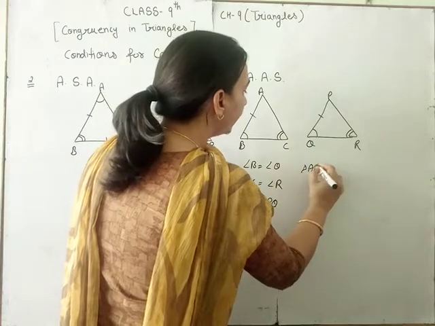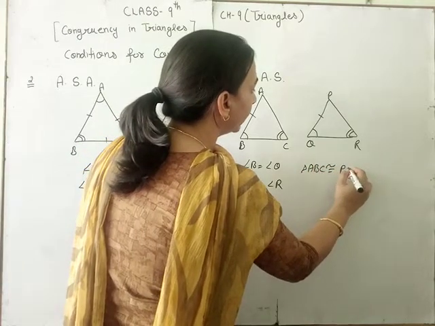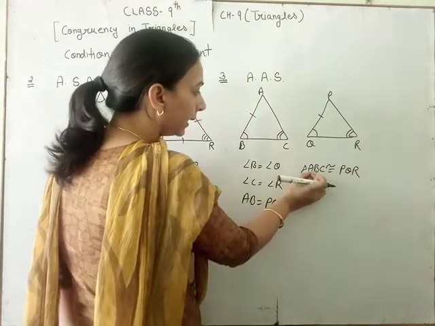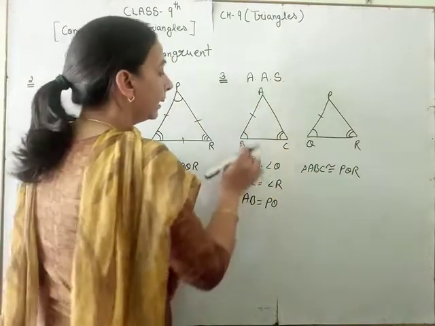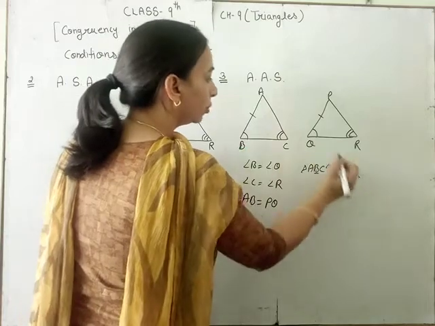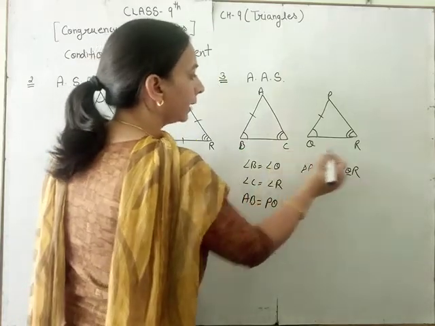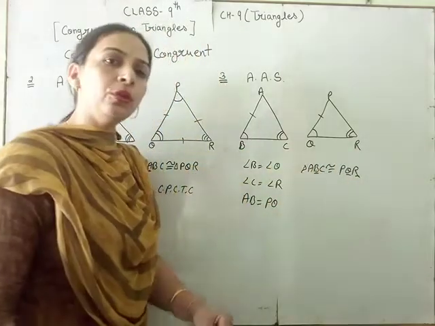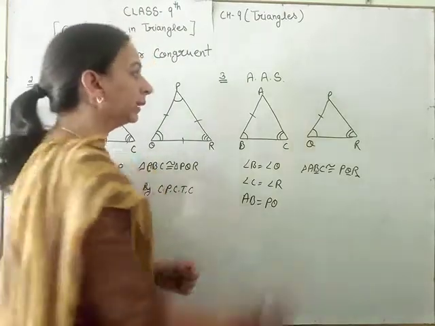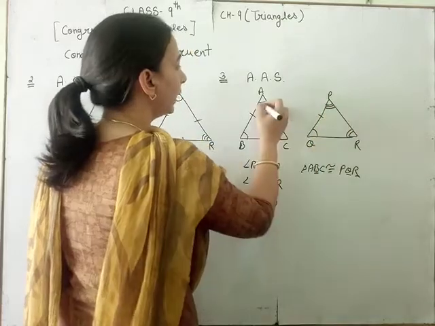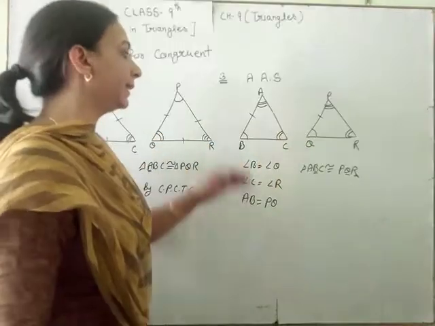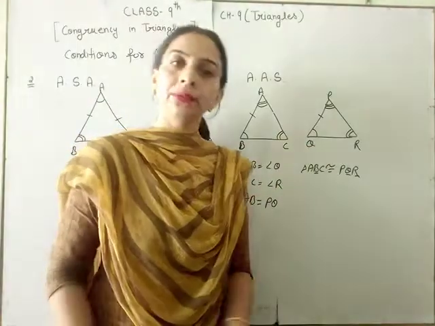Triangle ABC congruent to triangle PQR, because angle A equal to angle P, though it is not given. Angle B equals angle Q, angle C equals angle R. If two angles of a triangle are equal, then the third angle is also equal, and by CPCT the other sides are also equal.